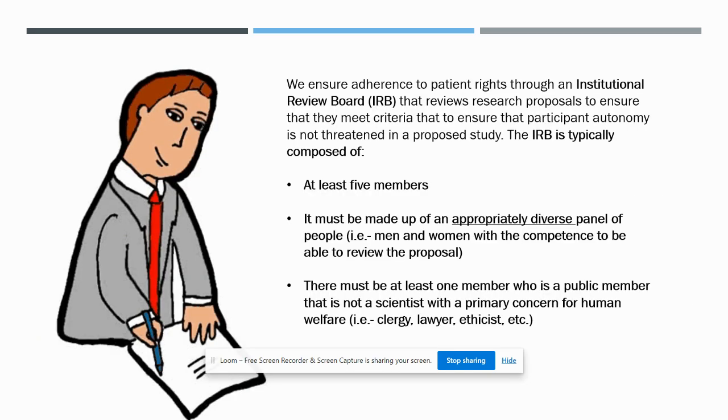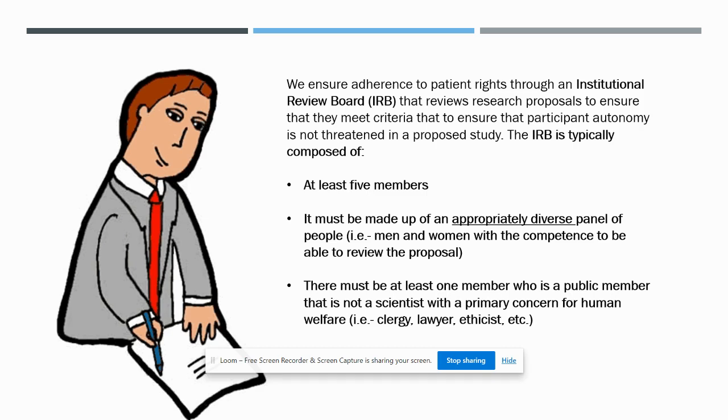So, when we go back and talk about the IRB review that the Declaration of Helsinki enacted for us, we need to look at the components of an institutional review board. The job of an IRB review committee is to review research proposals to ensure that they meet criteria and that they stay within the bounds of ethical standards.